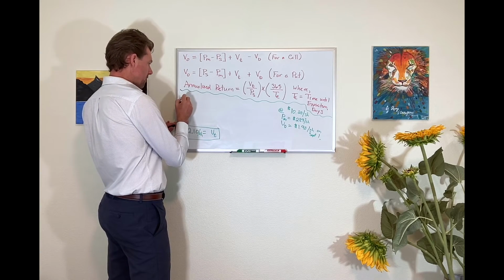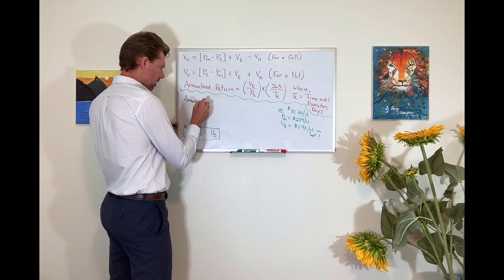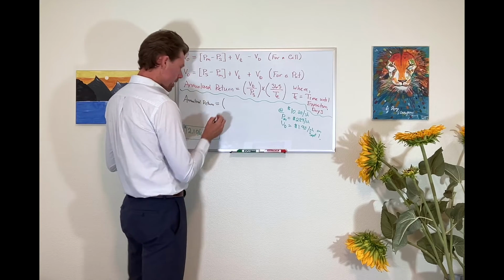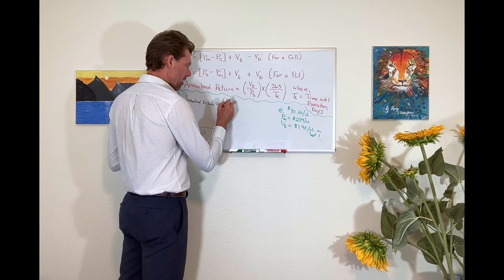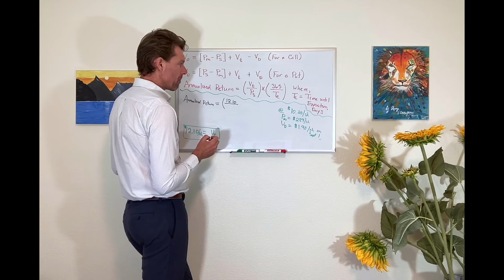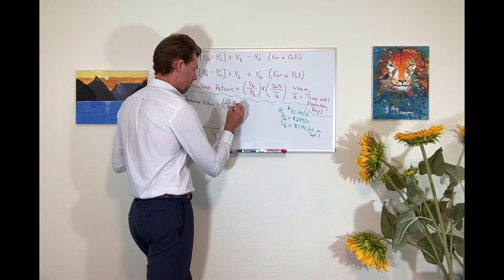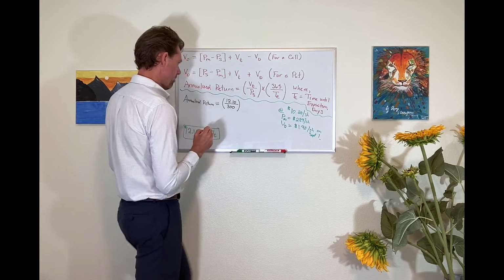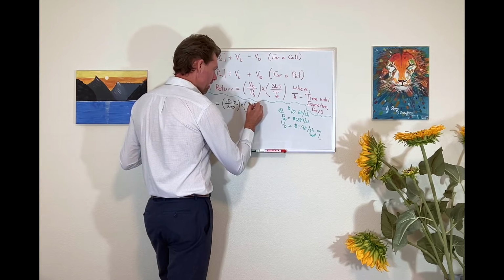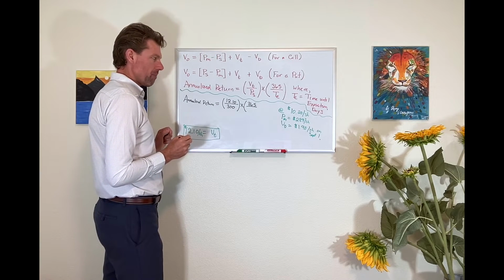Okay, annualized return equals VT, which we know is $12.10, divided by the strike price. Okay, the strike price, as we know, is 300, times 365 divided by the time until expiration.